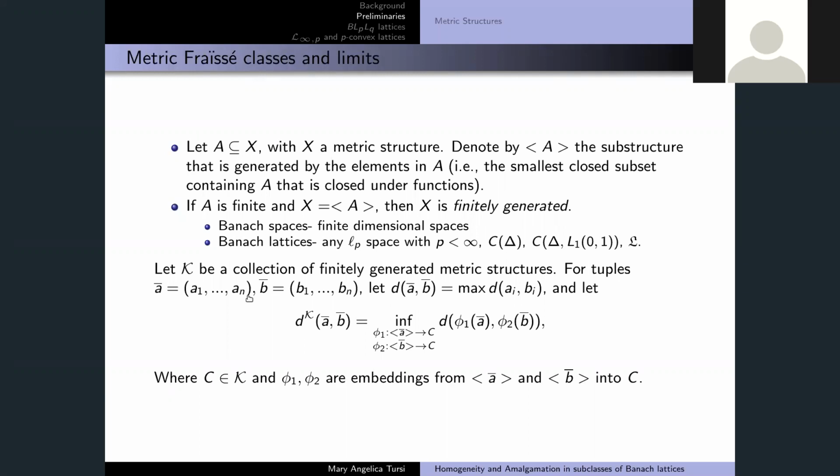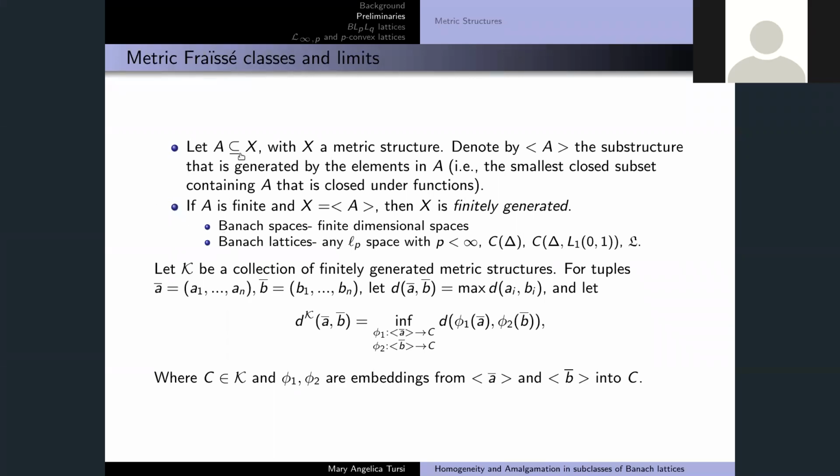And if you show that the class has these properties, in particular if the class is Fraïssé, then there is some universal structure that is also homogeneous over the appropriate maps and the elements in the class. This is based on the metric version of tools from model theory. So there's a little bit of logic involved.